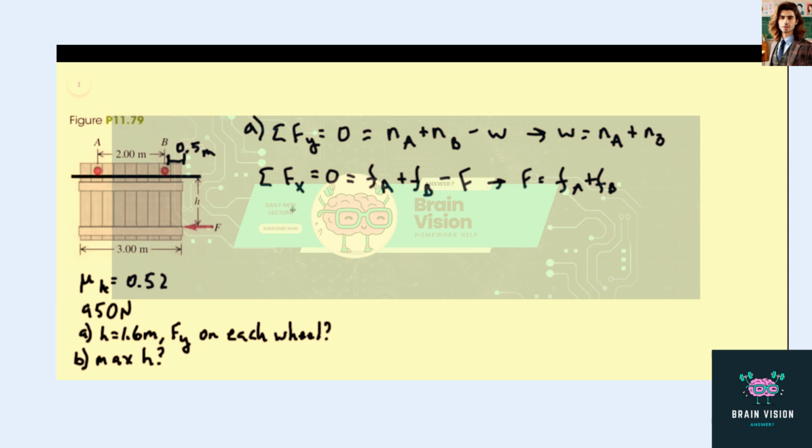So now fA we know has to be equal to the coefficient of friction times the normal force.